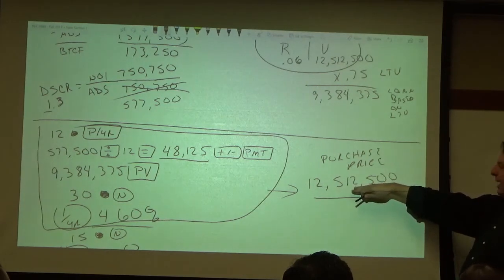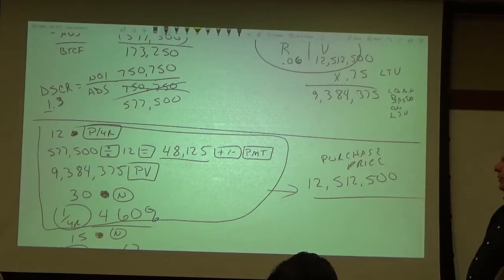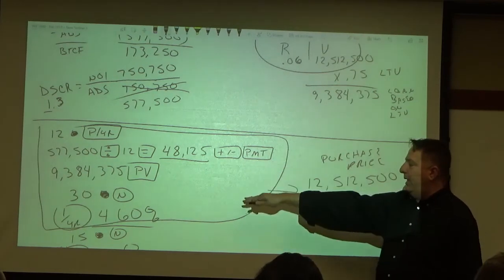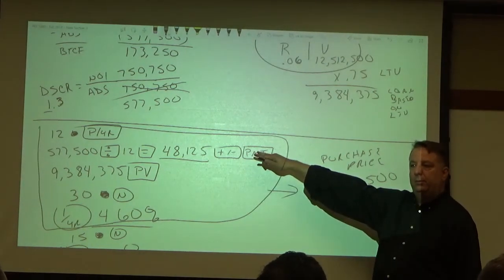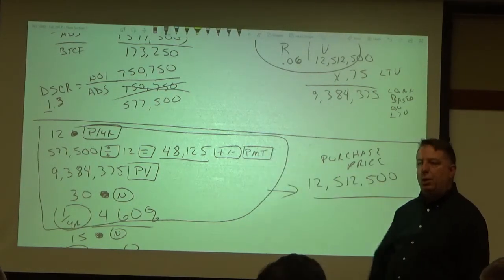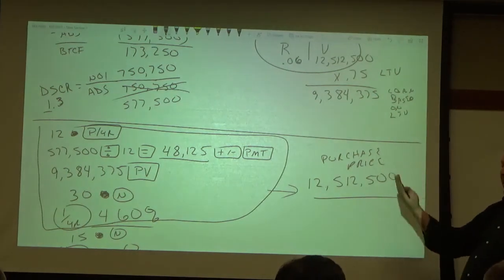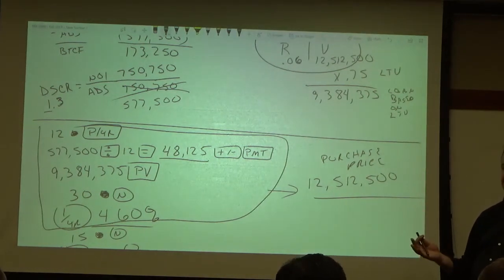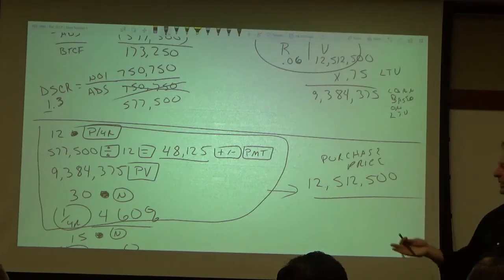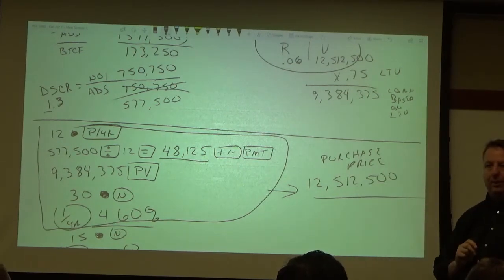For example, if we were able to buy the property for $10 million, then there's no question that we can make all this work. But if the asking price and the best price that we could get on the property were $15 million, chances are we're not going to be able to make it work. Does that make sense? Okay, is everybody clear with that?